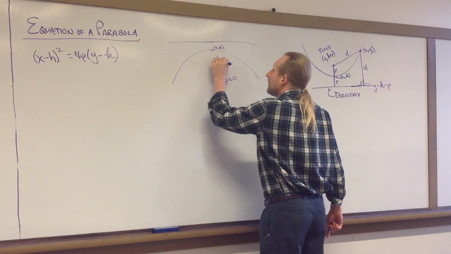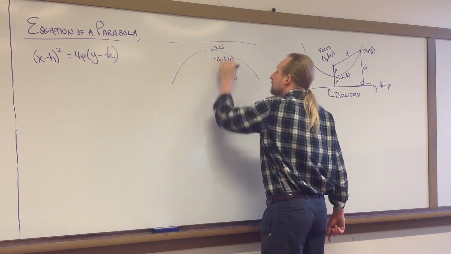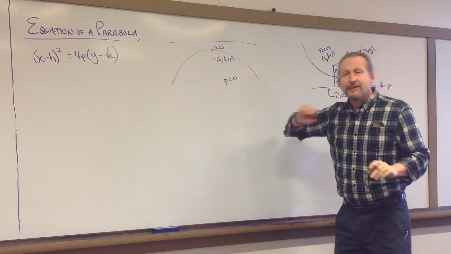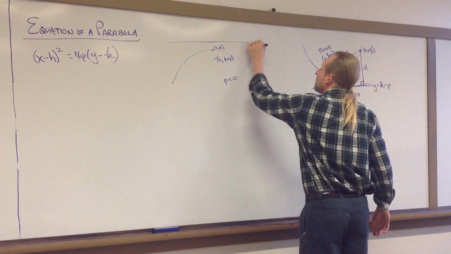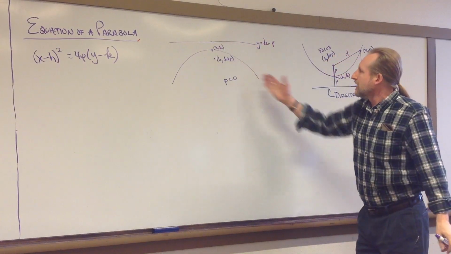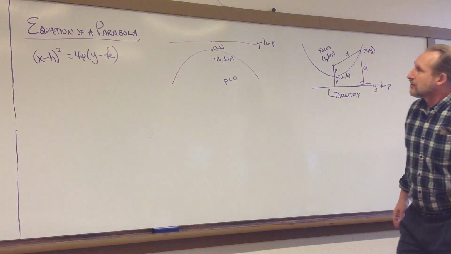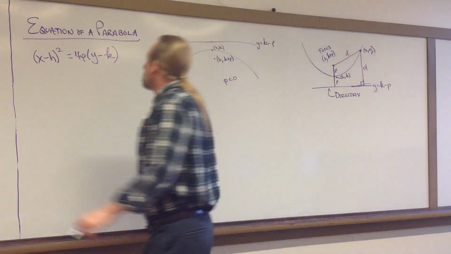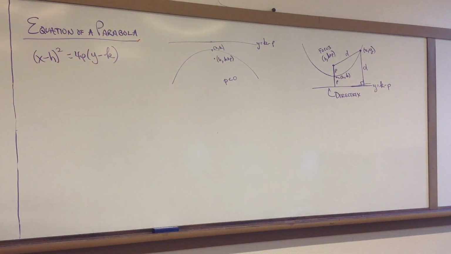If we call this h and k plus p, that still works if p is negative. Same thing up here. This will be y equals k minus p. When you subtract this negative value, that'll make it bigger. So what that does is that makes this value a negative.